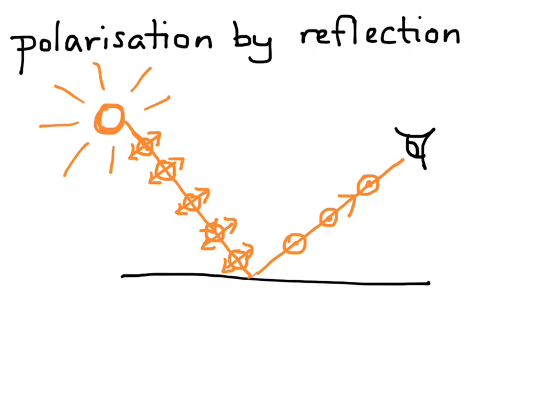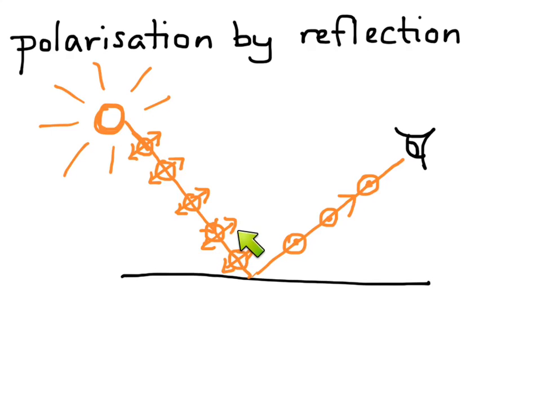Now the bit that comes up towards your eye is polarised, because the bit on this side, which is going in and out of the screen, when it hits the surface and bounces, can still go in and out of the screen. It's still at 90 degrees to the direction of travel, and it can happily make its way up towards your eye.